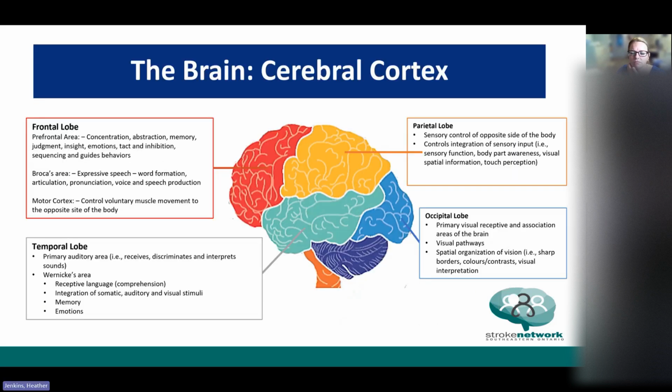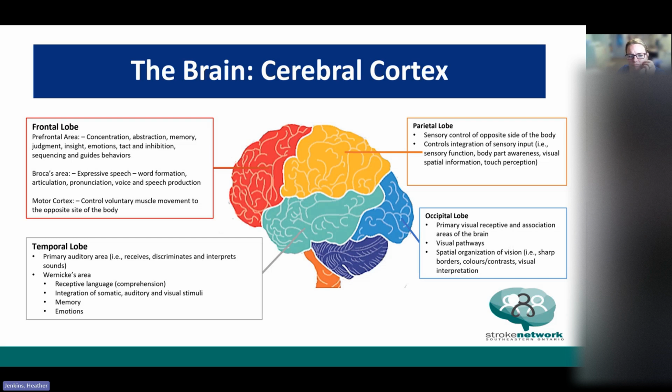Now, your cerebral cortex is also divided into 4 main sections. You'll see them color-coded there. We'll get to the cerebellum a little later. That's the purple one at the bottom. But in the red, we have our frontal lobe, yellow, our parietal lobe, blue, our occipital lobe, and green is your temporal lobe. Your frontal lobe is the largest in your brain. It makes up about 60% of your cerebrum, and it is composed of 3 functional areas.